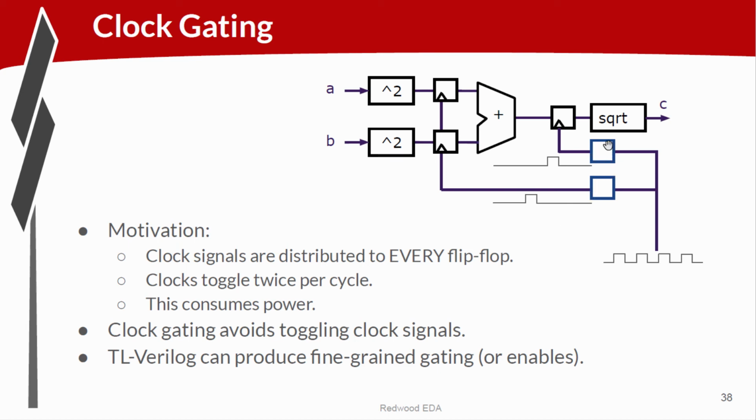So these little blue boxes you see that are basically knocking off the teeth of the clock, these are clock gators. And the clock gating condition is the when condition associated with the signal that we're driving through the flip-flop. Often, in circuits, a lot of the time the logic is not doing anything meaningful, and we can save a significant amount of power this way.